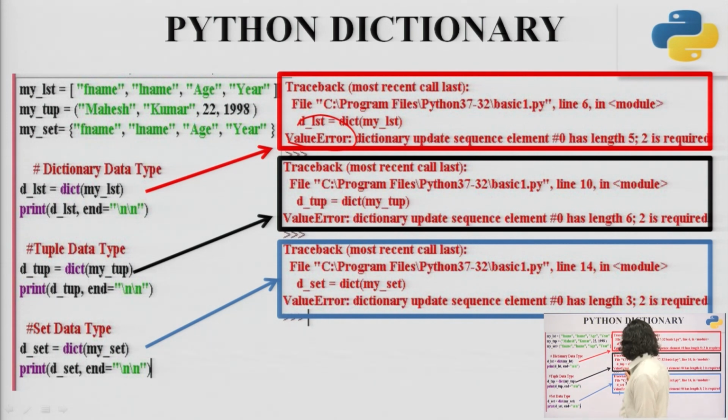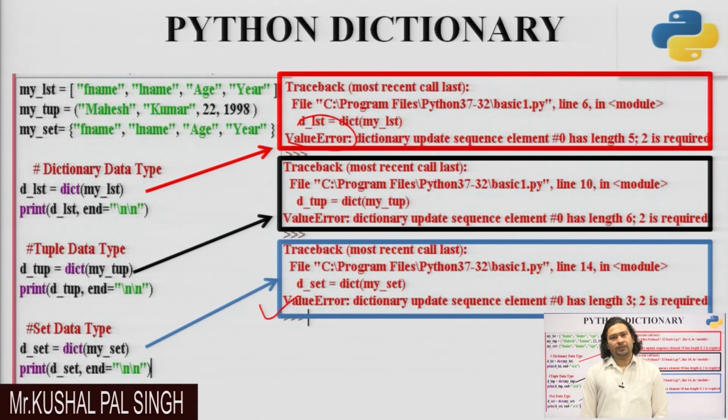Similarly, you can see in the tuple the same thing, and for the set data type again the same value error. That means you can convert the dictionary data type into the respective data types, but converting list, tuple, set data types into the dictionary data type is a difficult, totally irreversible process, unless you use some different processes or special methods.